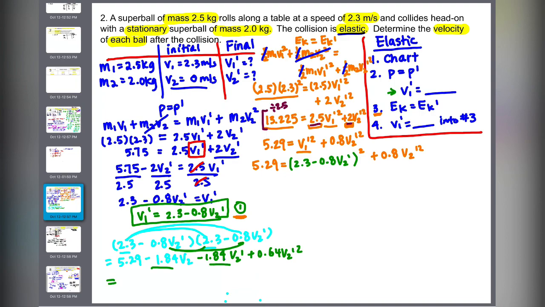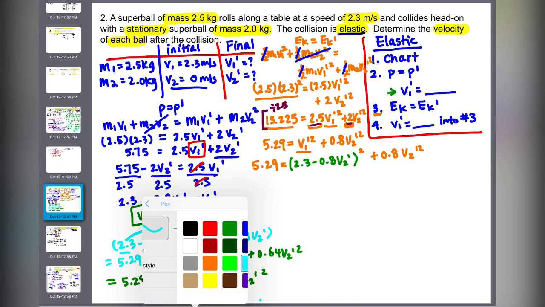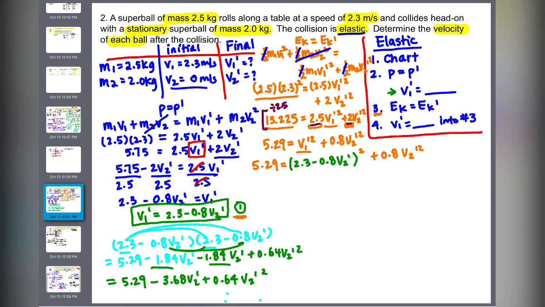Collect your like terms. So 5.29 minus 3.68 v2 plus 0.64 v2 prime square. So this is now the expansion of the binomial.